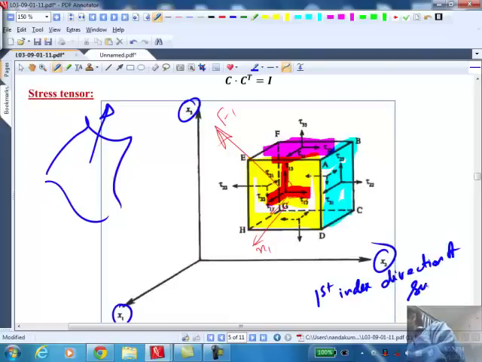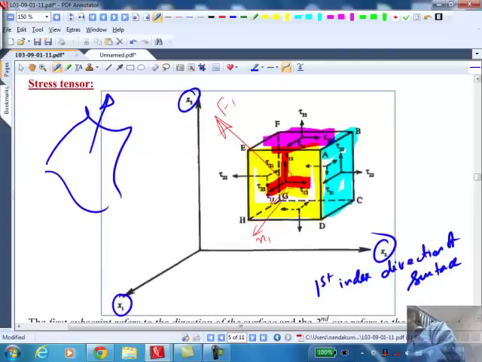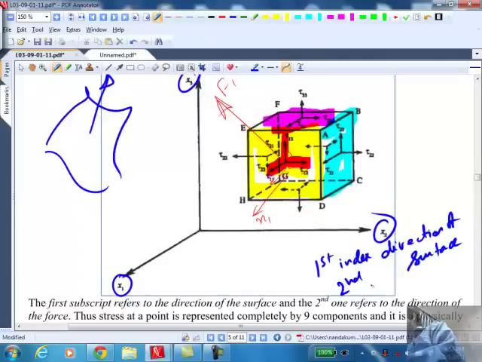And the second index refers to the direction of the force. So that's why it's not a vector, it's more than a vector, because there are 2 directional components. Because stress is force per unit area, area is a vector, force is a vector. Okay, is that clear?